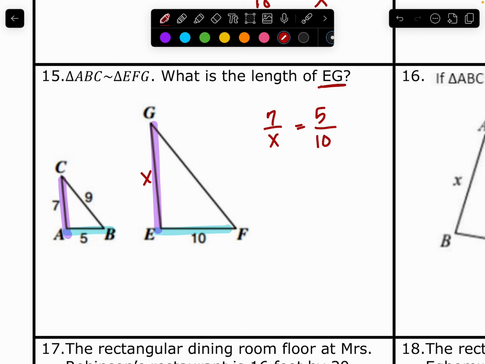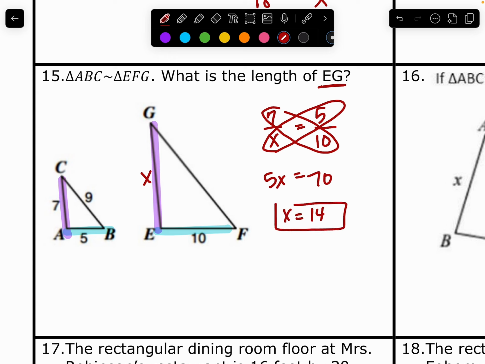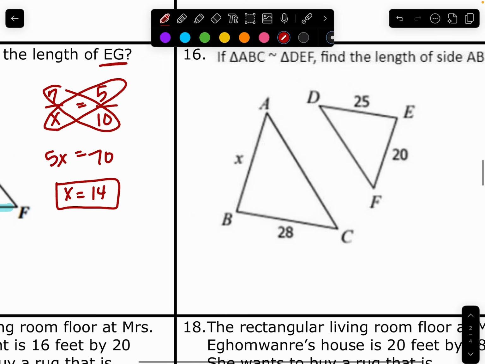When we cross multiply, that'll be 5x equals 70. When we divide both sides by 5, we get x equals 14. Go ahead and try number 16.